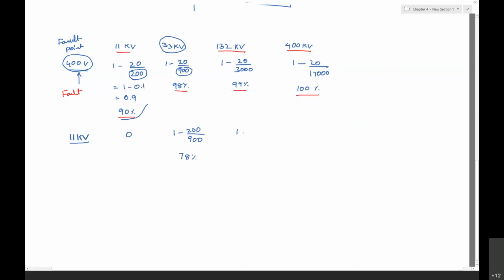Now we are going to measure at 132 kV: 1 minus 200 divided by 3000, which is equal to 93 percent. And at the 400 kV line, it is 1 minus 200 divided by 17,000. We get around 99 percent.